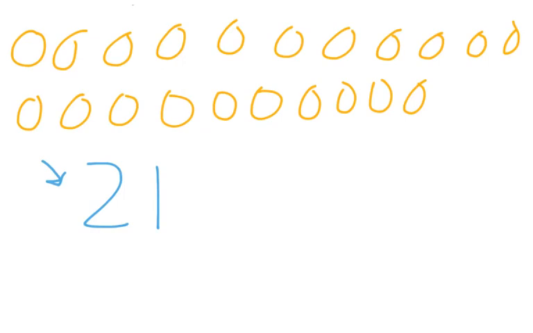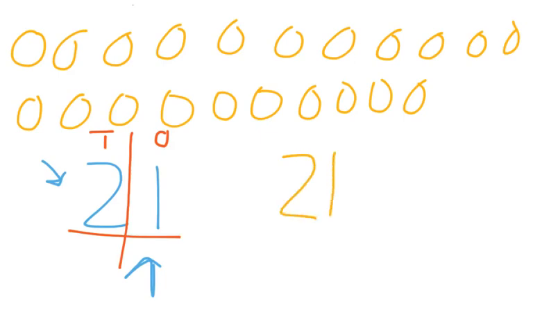But let me remind you, you determine whether a number is even or odd by the ones place. In the tens place we have a 2, but in the ones place we have a 1. Is 1 even or odd? I hope all of you are saying odd. So already I know that 21 is not going to be divided by 2. It's not going to work, because it cannot be odd and be divided by 2.